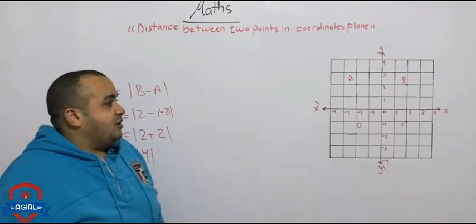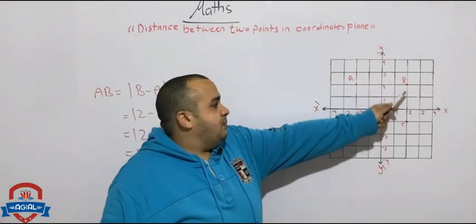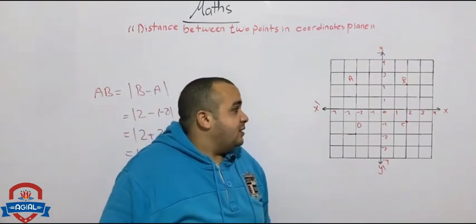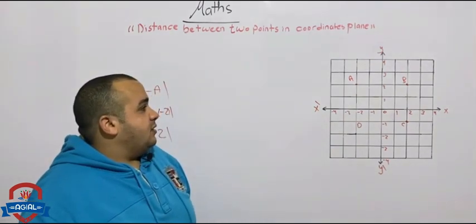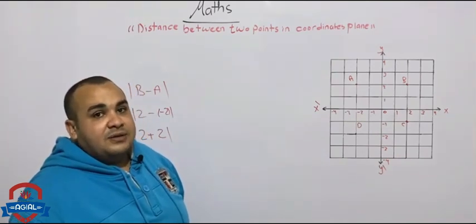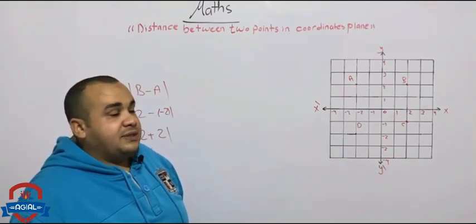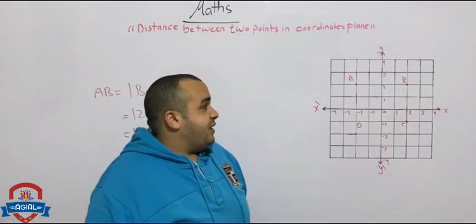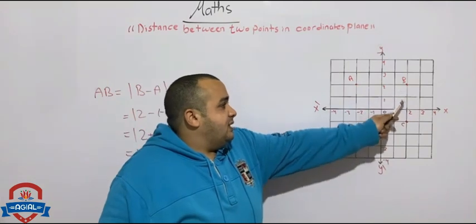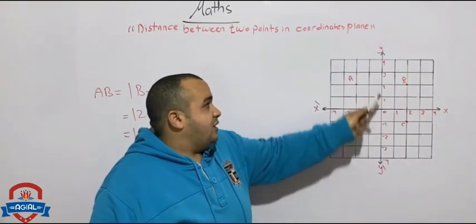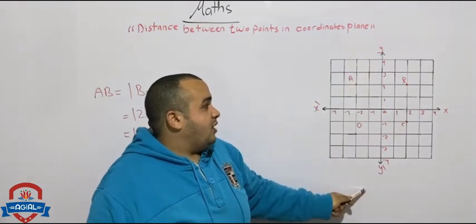And now let's try to find the distance between B and C. To find the distance between B and C, we have to find the length of line segment BC. But notice that the line segment BC is parallel to the straight line YY dash.